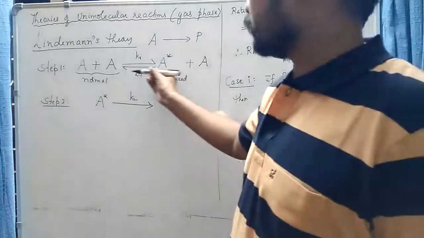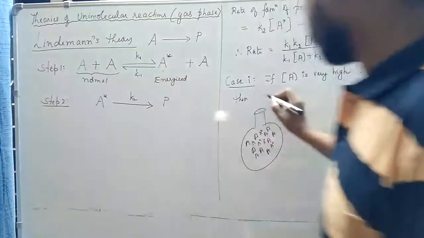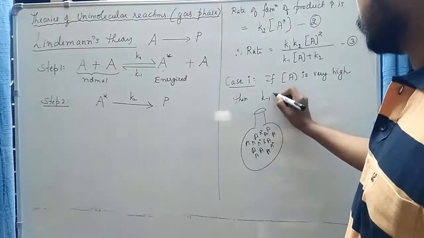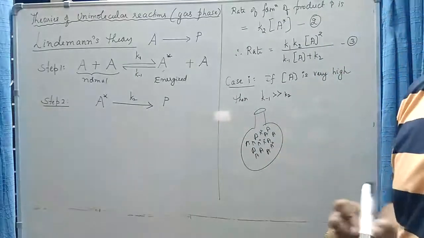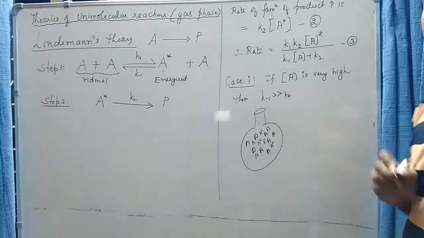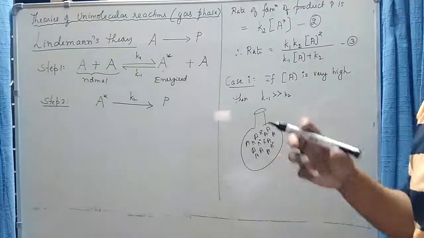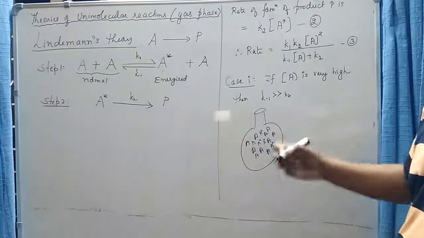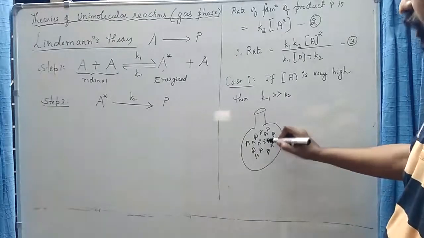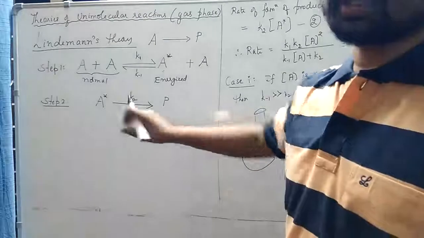So the rate of the backward or the reverse step, that is the rate constant k minus 1, will be much greater than k2 when the concentration is very high. I repeat, when the concentration of A is very high, the molecules are very close to each other. Therefore, there is a greater chance that the energized molecule may lose its energy by collision rather than undergoing the chemical reaction.